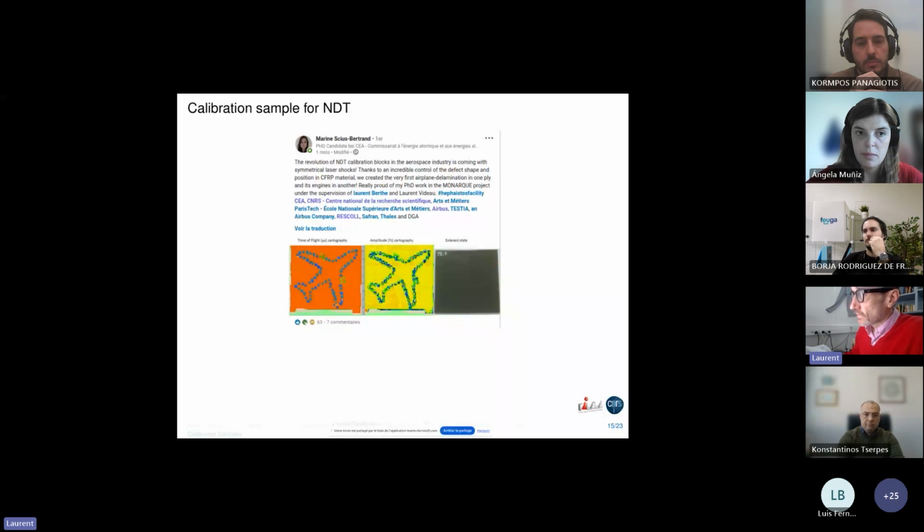This is a C-scan ultrasound technique to detect this damage in the middle of the materials, and we play with the delay to introduce damage to represent the engine inside the materials. This is time of flight cartography, and we can see that we have damage at different depths inside the materials. This is the external state of the materials. We can see nothing, showing that we have no damage visible from outside.